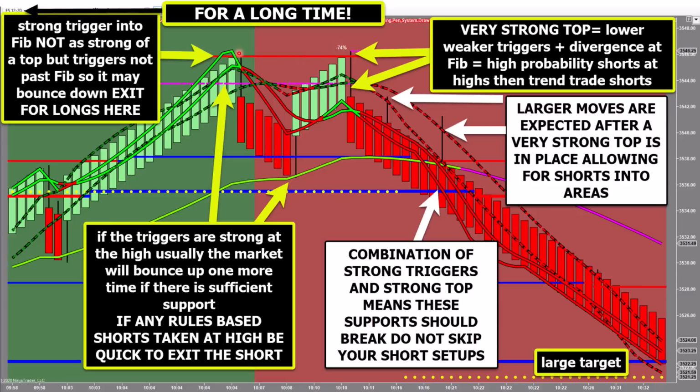It is not a great top the first time, so this same exact area does make the market go back up. Because we have a very strong top designation, as long as the small and large triggers remain strong, this fib and mid band are going to break, this fib's going to break, and you can end up doing trades into those areas.